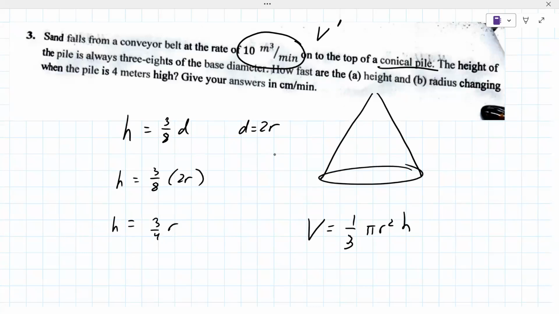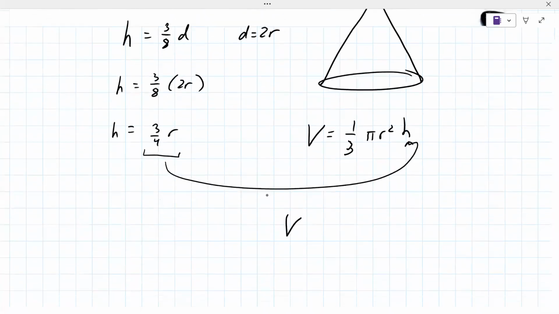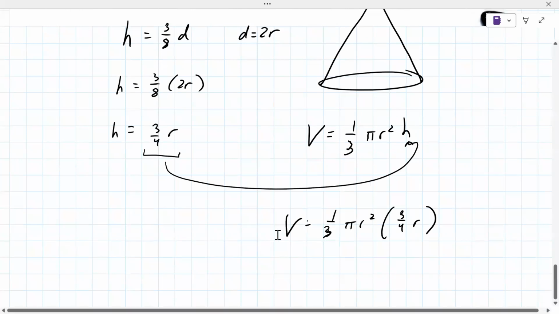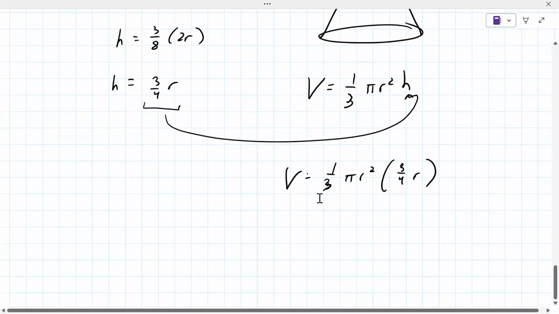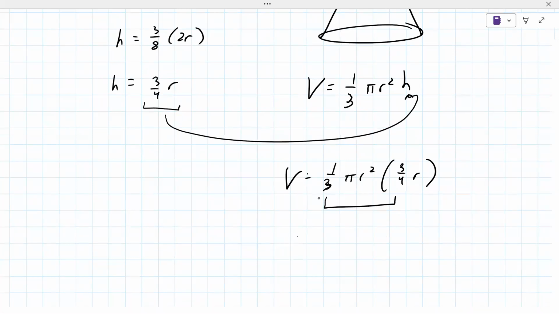So typically you put that in here, and this you put that in for h. You get it down to one variable. So volume is 1/3 pi r squared 3/4 r, like that. So when you simplify here, the 1/3 and the 3/4 make 1/4 pi r cubed.